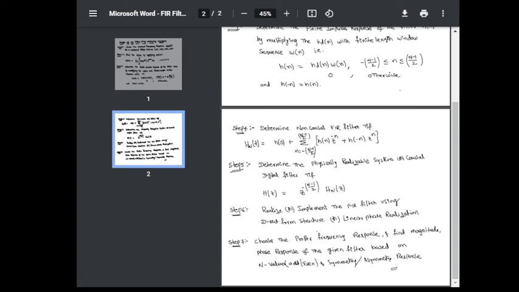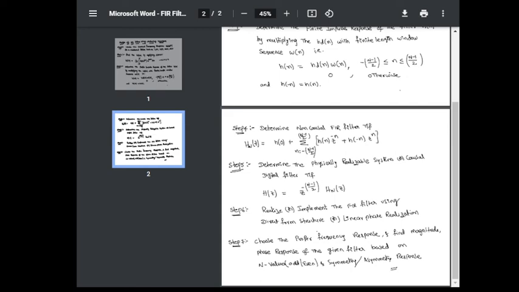So by using this formula, you can calculate the non-causal FIR filter transfer function, which is not physically realizable or cannot be implemented due to the positive powers of z. So we need to convert the positive powers of z into negative powers of z simply by multiplying Hn of z with z power minus (N minus 1) by 2.